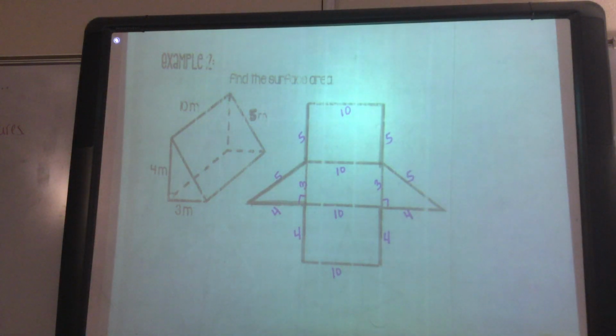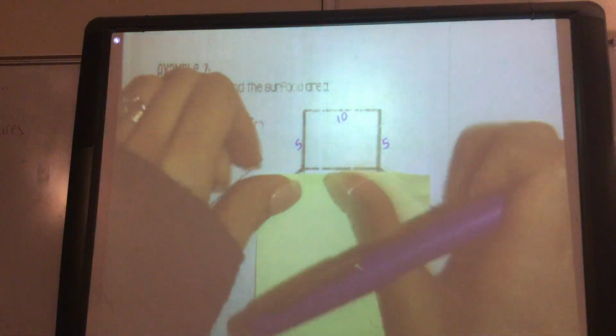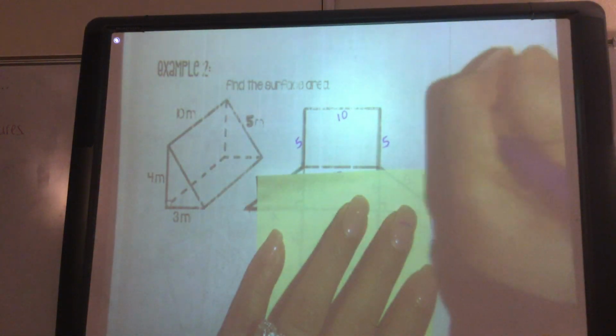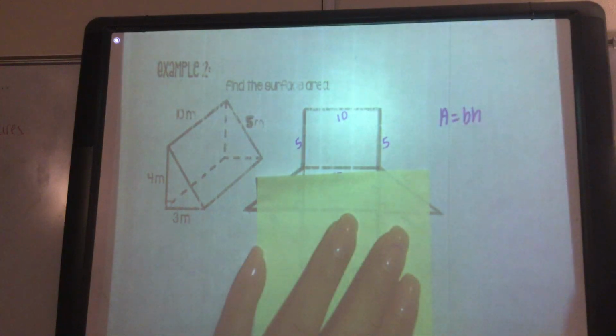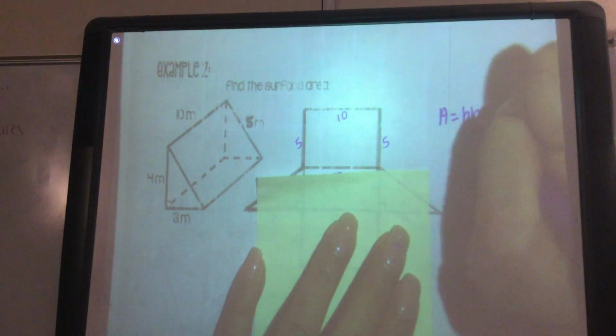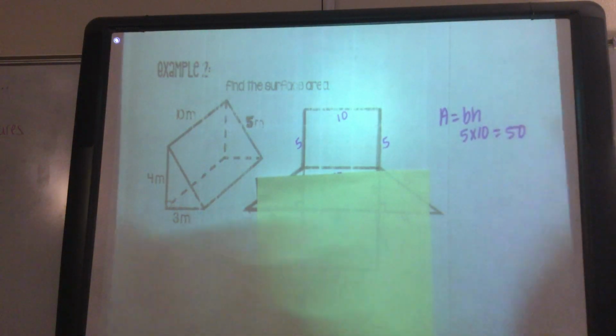Now we have all of our sides labeled, so we can identify that we're going to use the rectangle formula and the triangle formula. When we start at the top, we see we have a rectangle, so we're going to do base times height. So we do 5 times 10, and the area of that rectangle is 50 meters squared.